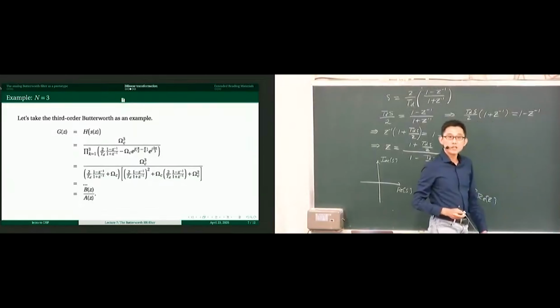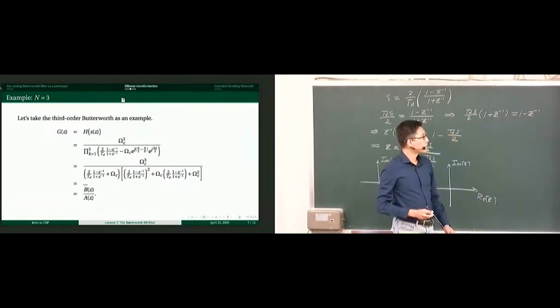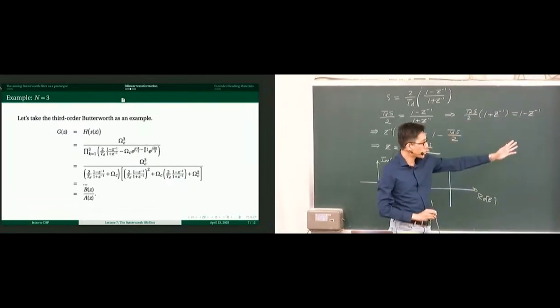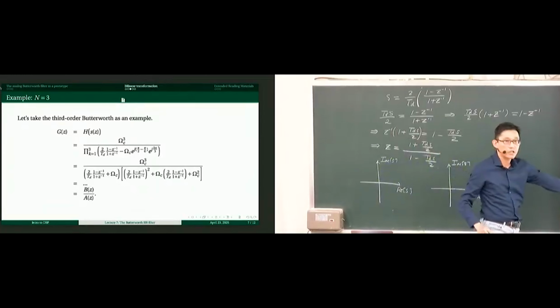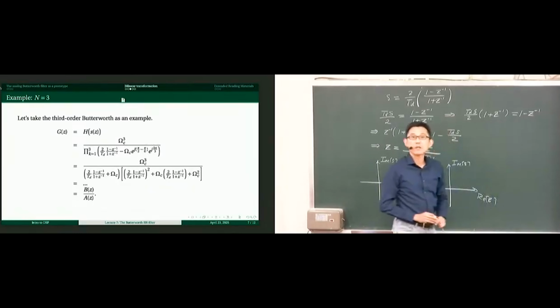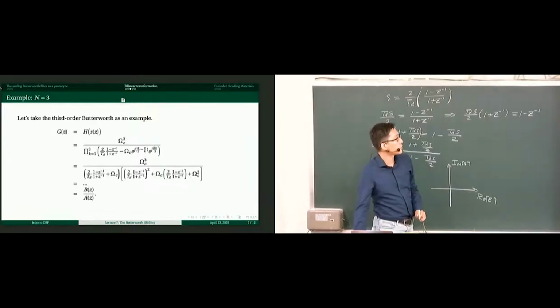Any questions so far? Yeah, we can do it. Follow the steps: substitution, organization, and renormalize so that A of z has a leading coefficient of 1. Then everything should be fine. So you can design a third order, but still, this is just about calculation.